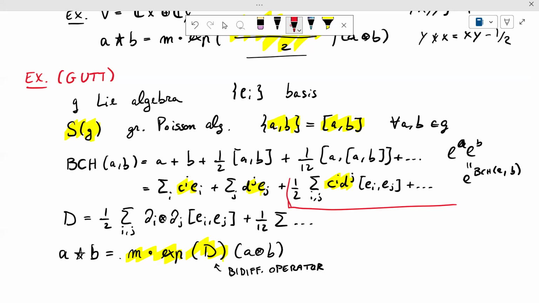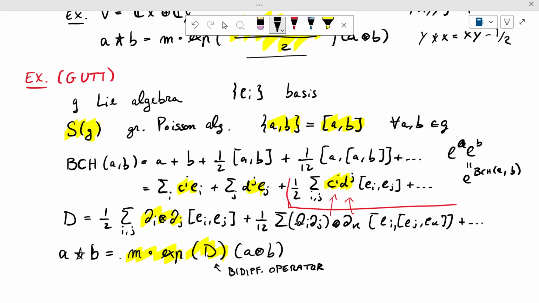We change these coefficients with the differential operator acting on the first and second term. So we end up with something that looks like this: 1/2 of this first sum here, and then 1/12 here would have d_i d_j tensor d_k, and so on and so on.